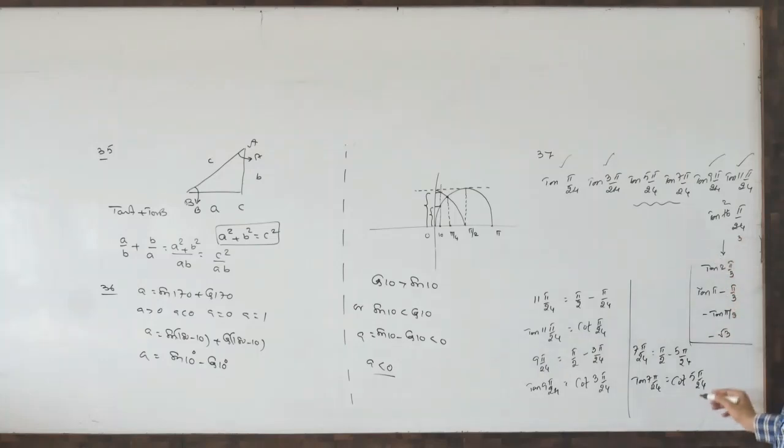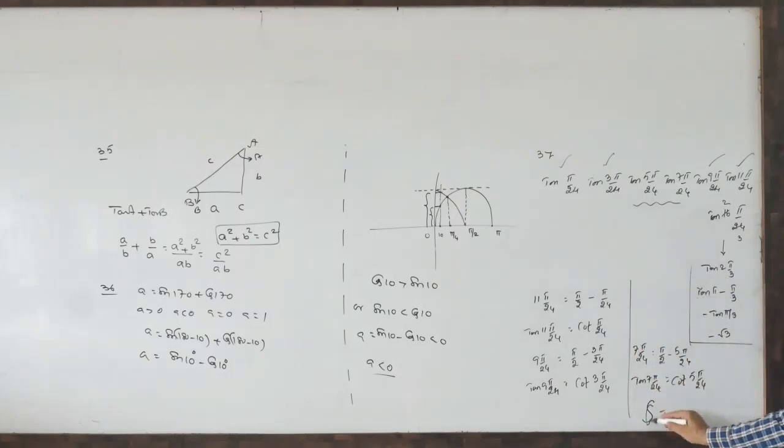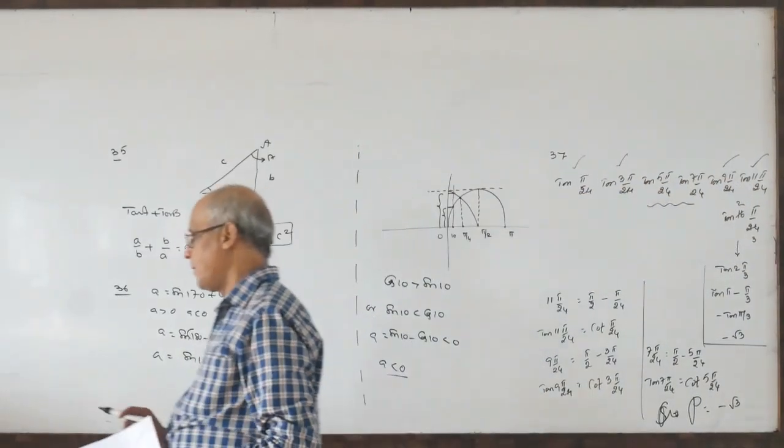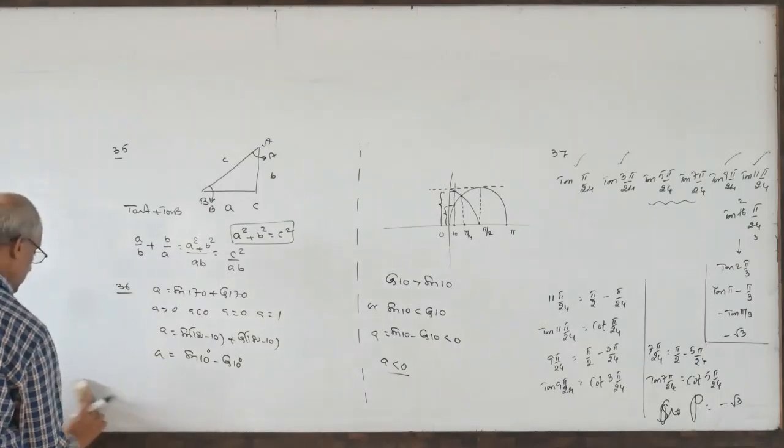Last one only we got the answer. What is S is equal to the product? Actually P minus root 3 is the answer. Fourth option. That means a little bit of calculation. The problem is not difficult but it is only calculations.